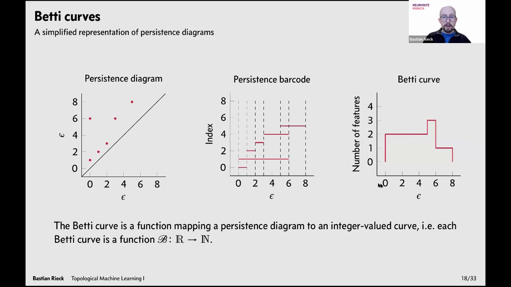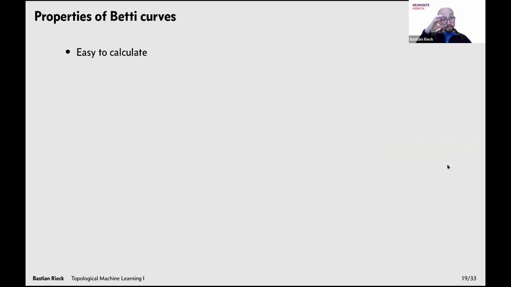So this gives you a very simple way to generate an integer-valued curve from your data. And why should you do this? Well, the Betti curve is really nice as a topological descriptor because it's very simple and easy to calculate. You take your diagram, you integerize it, if that's a word, and then you're done.